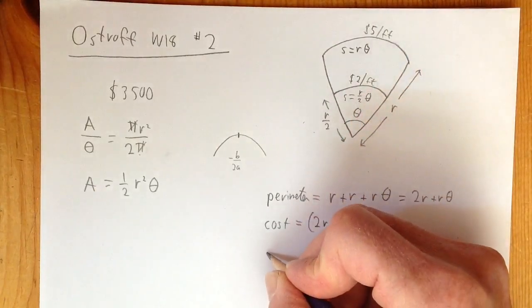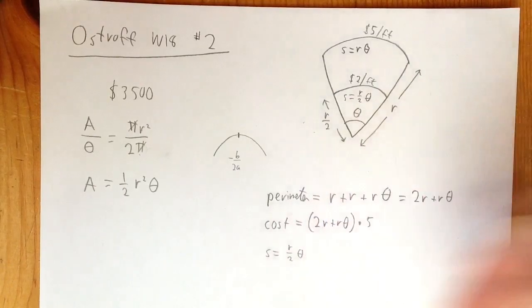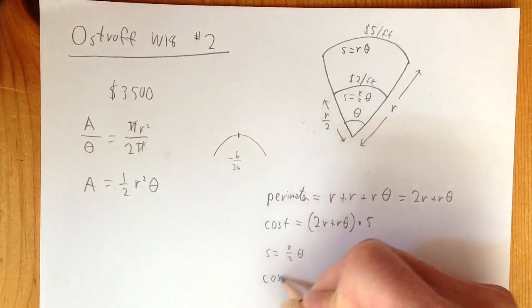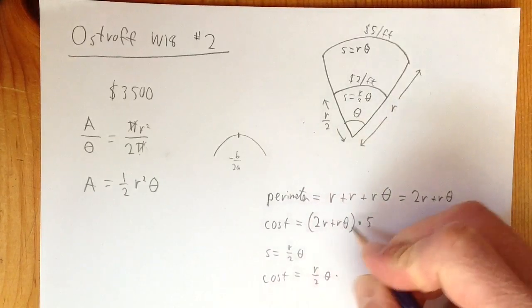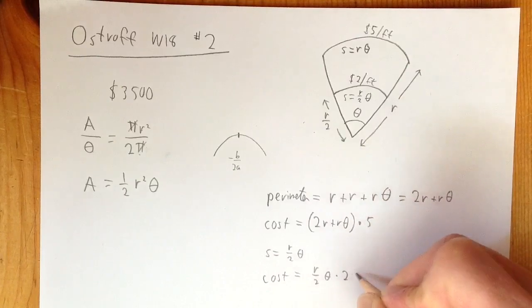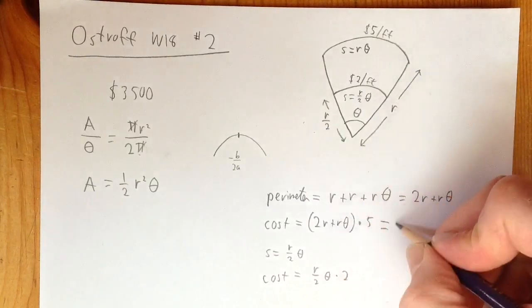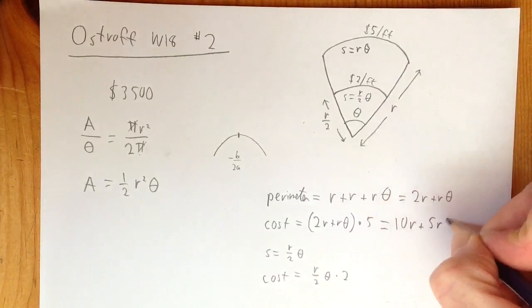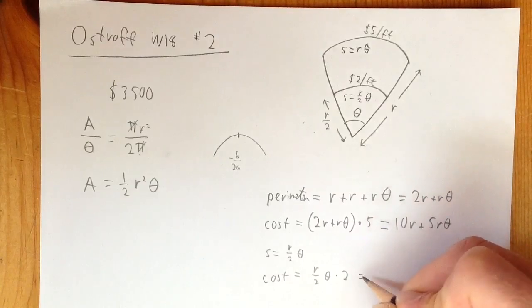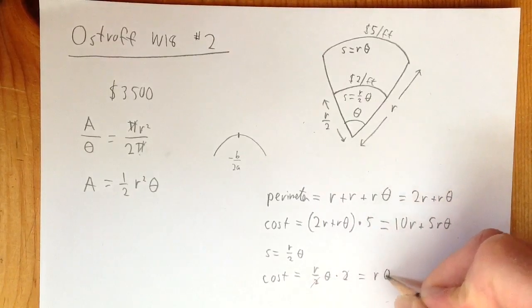The length is r over 2 theta, and so its cost is r over 2 theta times, it's only $2, so times 2. Let's multiply these out. So that's 10r plus 5r theta, and this one is just, the 2's cancel, so it's just r theta.